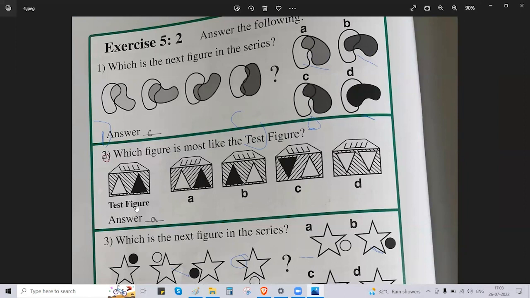But as we are looking for the most like the test figure, we look for the image which has the least changes from the test figure. It's kind of like verbal reasoning. You have to find a word that's most like the word you're looking for, not the exact same. Exactly, because it says the most like, so not exactly the same, but the most similar shape.